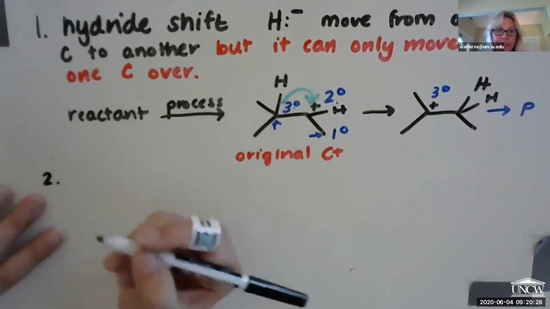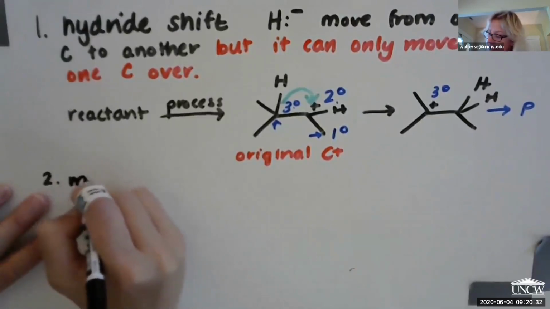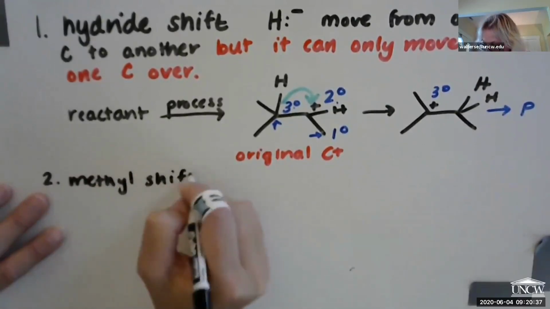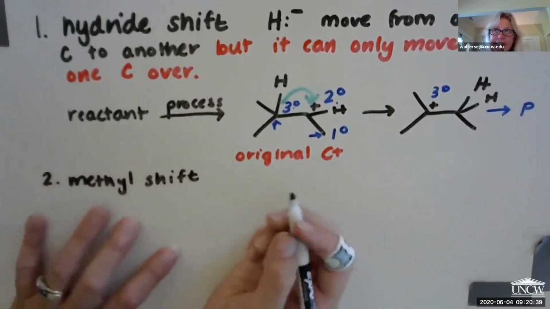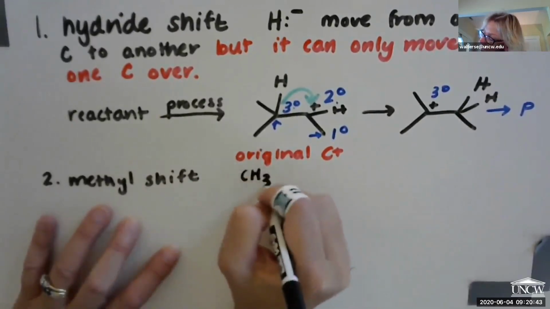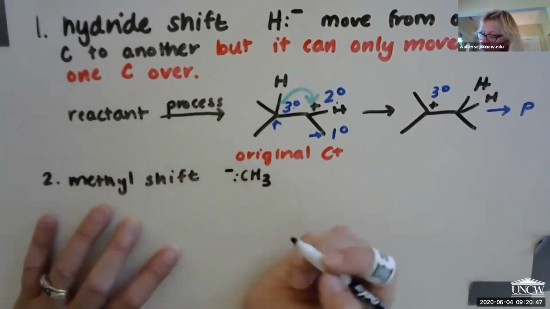The second type of rearrangement is called a methyl shift. And that's not the best word for it, because really it's a methide shift, because what you're taking is a CH3, which is a methyl group, but it has to have electrons on it.